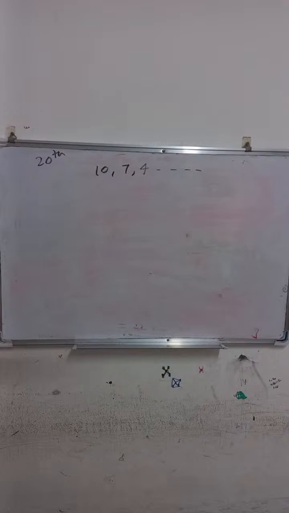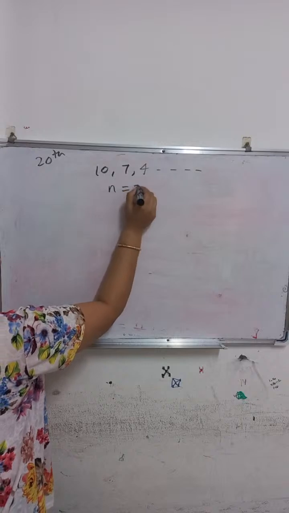Options are given: 67, 47, minus 47 and minus 77. So for the 20th term, n is given, no? n is 20 here.